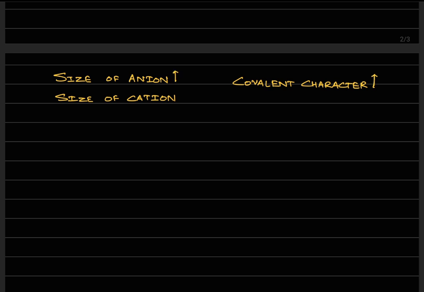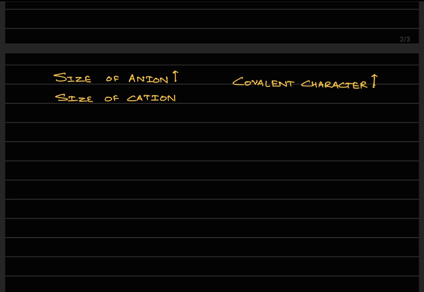So if we talk about the size of anion and the size of cation in relationship with the covalent character, what I can say is that if the size of anion increases, the covalent character increases.